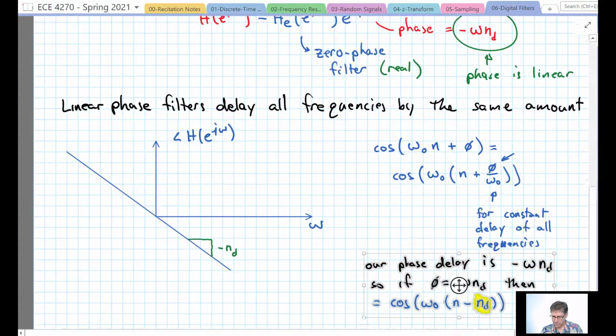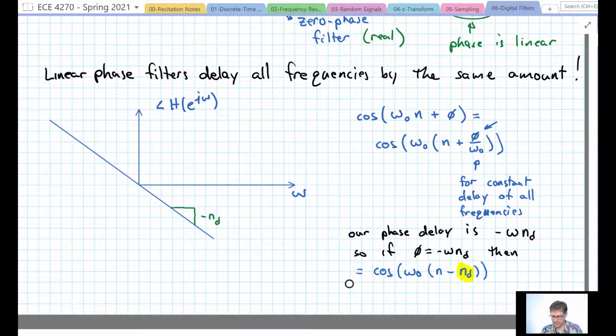If we were to give it a linear phase of minus omega n_d, such as we would experience with our linear phase filter, then for phi equal to negative omega n_d, our cosine function becomes cosine of omega naught times n minus n_d.